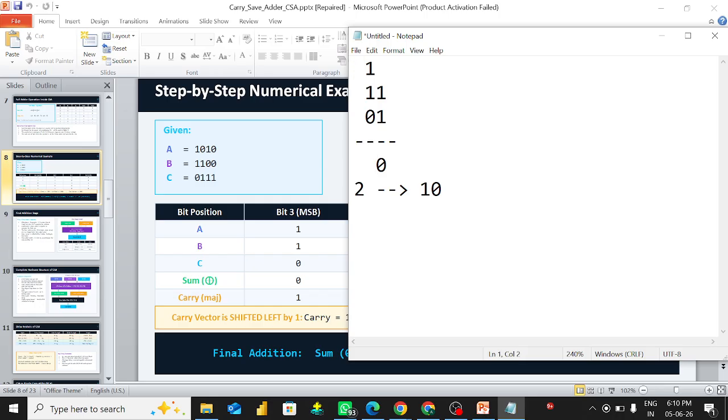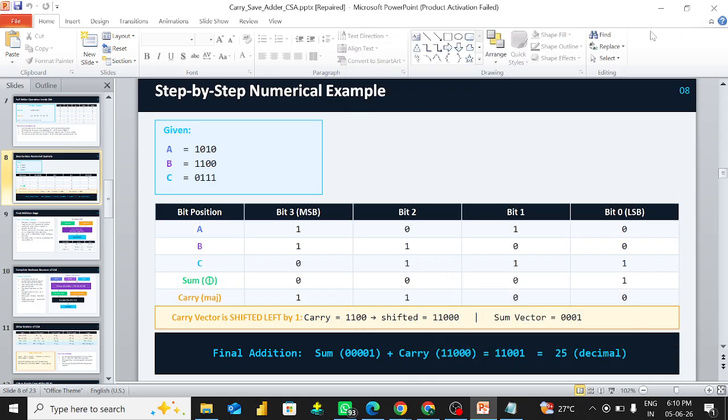Your carry is going from the 0 bit to this bit 1, right? So that is the meaning of the carry generated by bit i always belonging to bit i plus 1. Okay, so that's why we are shifting to the left side. Okay, so if you shift to the left side, what will happen now?